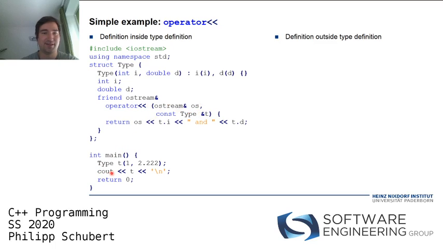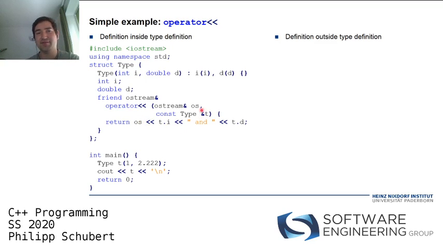You already see it here, that's the cout variable in this case. And on the right-hand side you have a t, a variable which you receive within this operator implementation as a const ref. Then you can implement the operator and do some stuff. Basically you shove the individual data members of the type into the output stream, and then you just return the output stream.